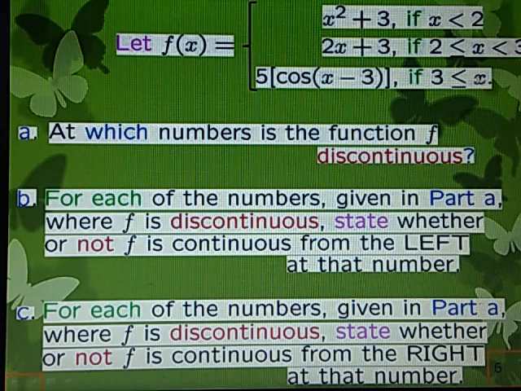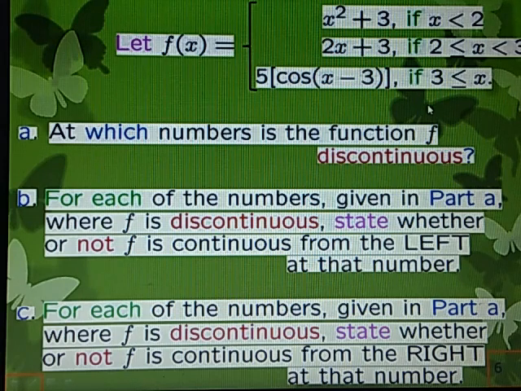And for x greater than or equal to 3, it is defined as 5 times cos of (x minus 3). So you can see at the values 2 and 3, the definition of the function on the left and on the right is changing. So these can be the possible numbers where the function may or may not be continuous.